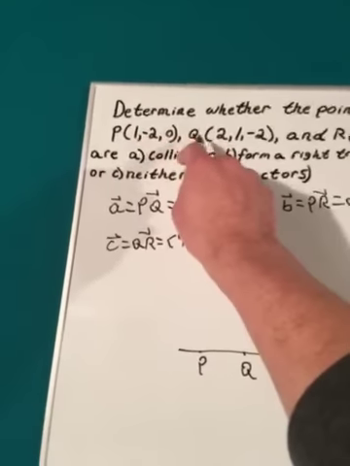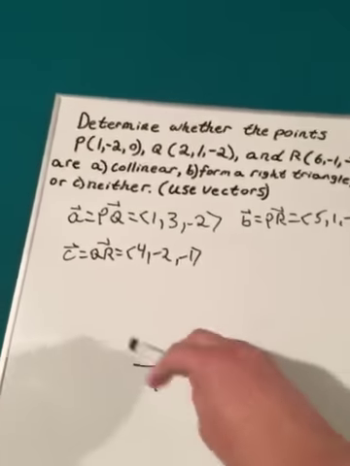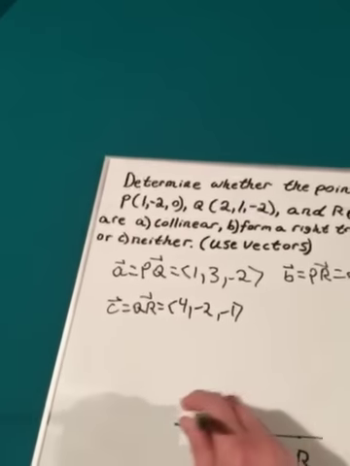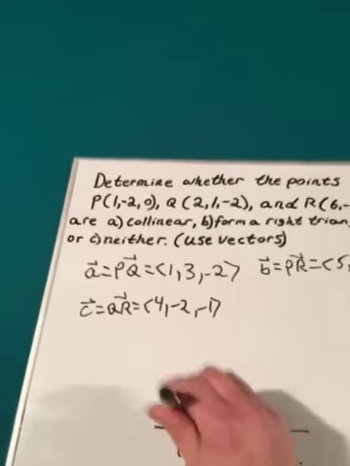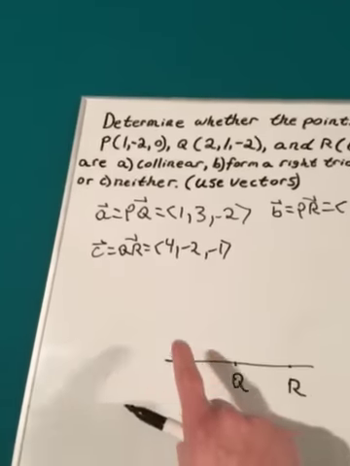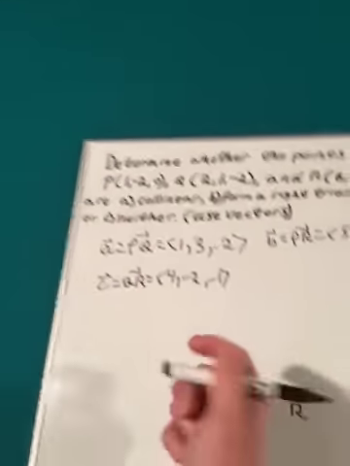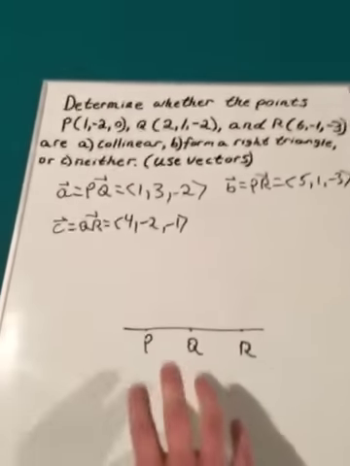These are all X, Y, and Z coordinates. But I can't draw in 3D, so you can just think of this line as, you know, if this line was like standing up, coming up here in 3-dimensional space, you could have P, Q, and R. So that's basically the same line, but now it's just lying flat here.